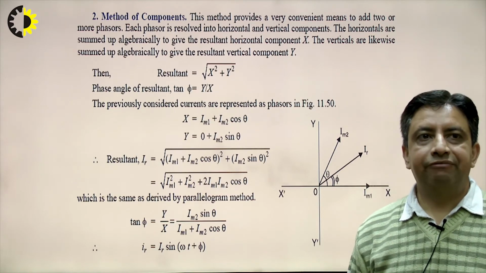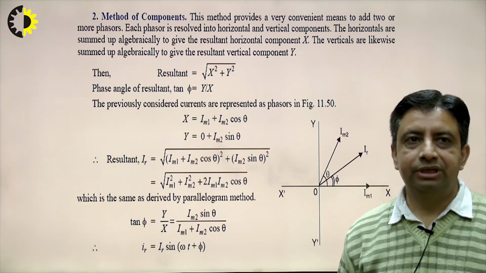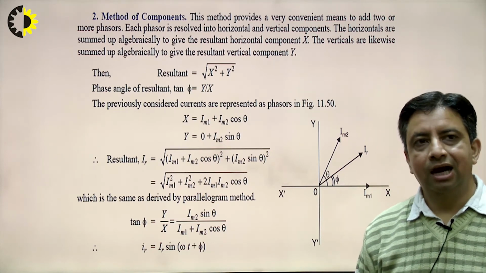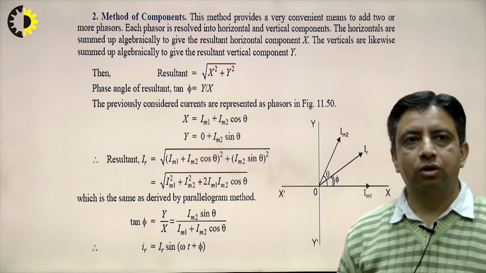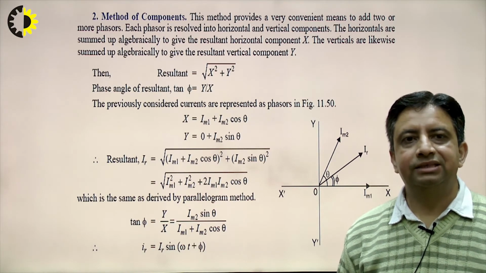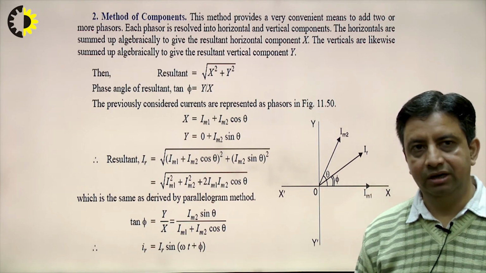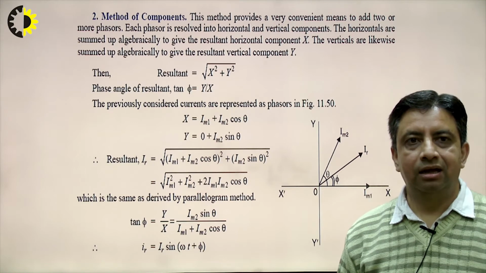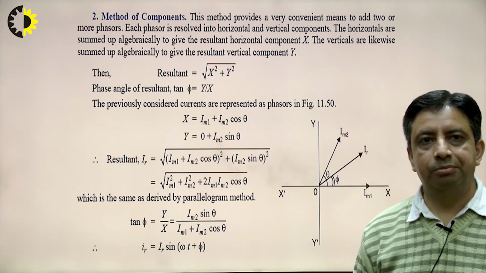So, the phase angle can be found out using tan phi equal to y by x. First, let us see how to find out the horizontal component. The horizontal component for the first current will be IM1 and for the second, IM2 cos theta. So, this will be the horizontal component.